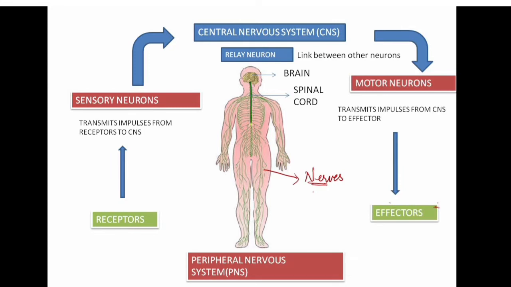Now, what are effectors? Effectors are the cells present in the muscles. When you touch a hot object, you tend to take off your hand, right? You are taking off your hand because of the signals that you receive from the motor neurons to the effectors.